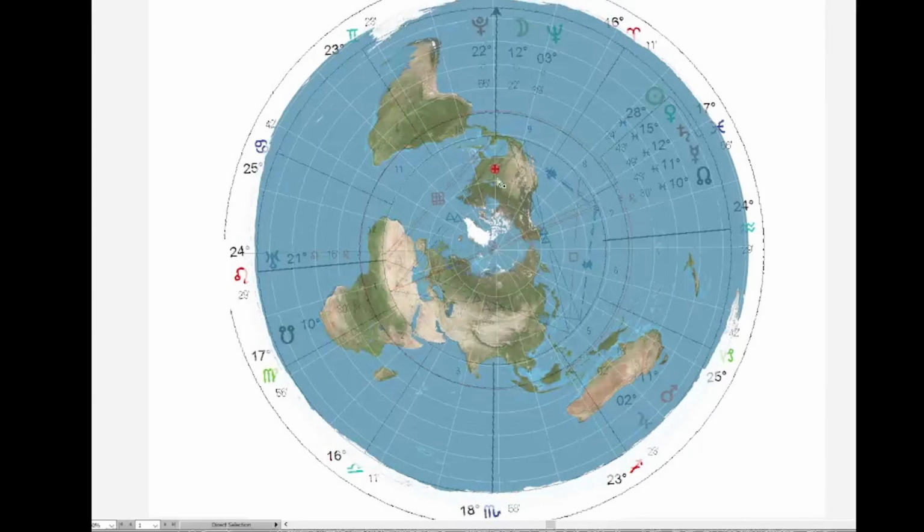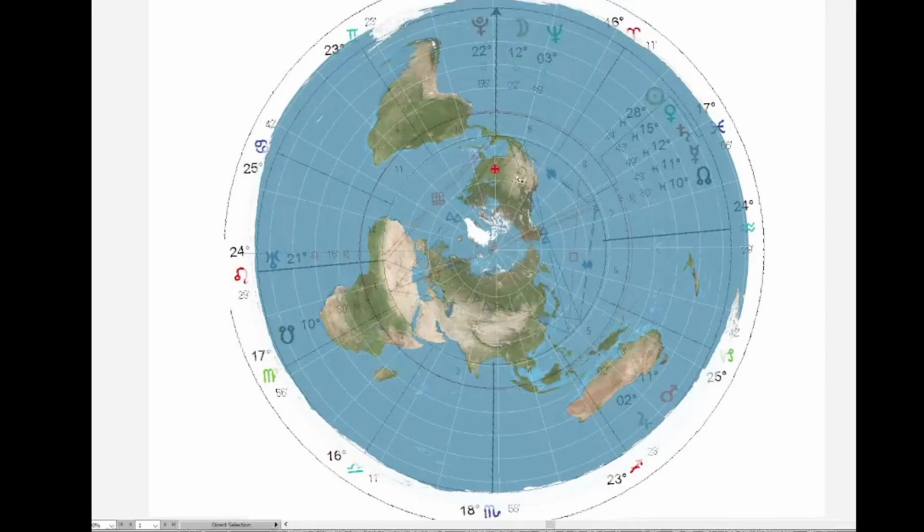Kentucky is approximately here, and I'm using the symbols and colors from astro.com, from their astro travel section of the website. I'm just keeping it consistent with what they use because it's a free service. I know a lot of people use them, and I think it works really well.